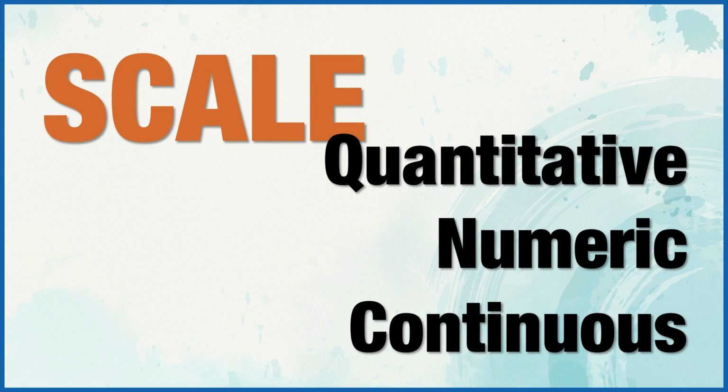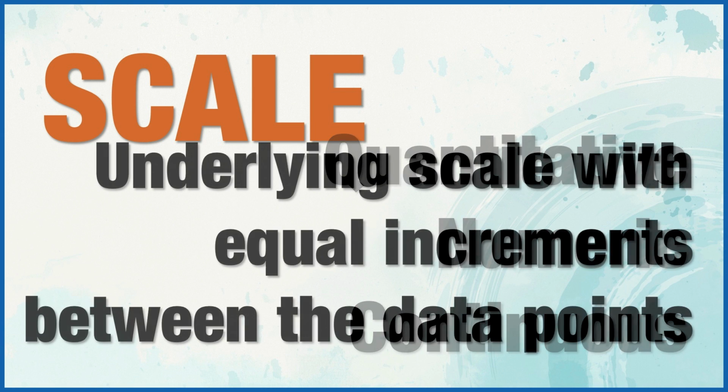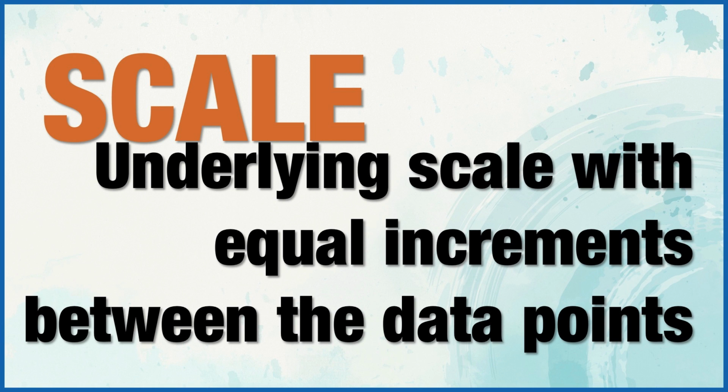The third job that numbers can do is to show differences with a direction and measure the magnitude of the difference. These numbers are variously called quantitative, numeric, or continuous data. But I will call them scale data because they have an underlying scale with equal increments between the points.